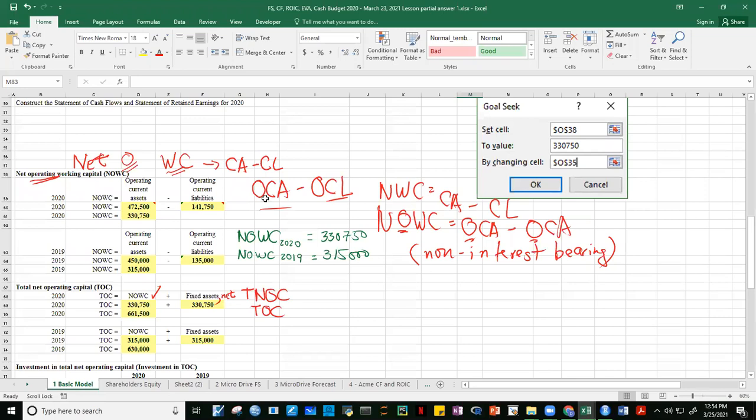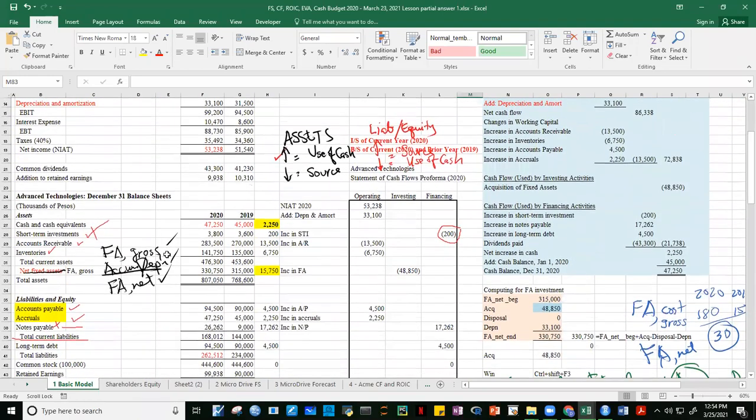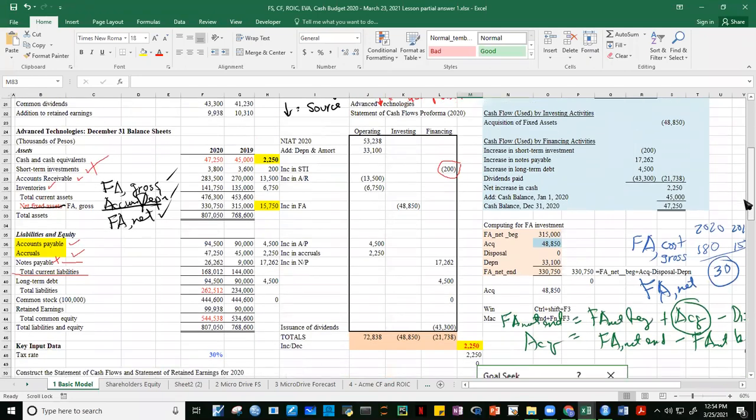So for operating current assets, we have to exclude those assets that are interest bearing. For example, in this case, we have short-term investments, which is interest bearing, so it's excluded from the operating current assets.